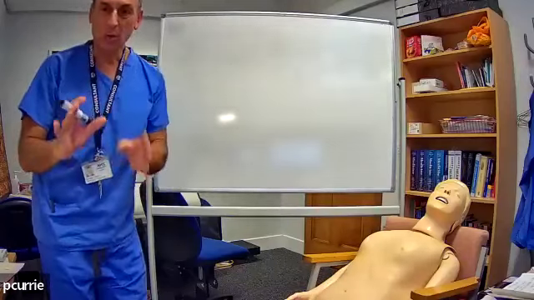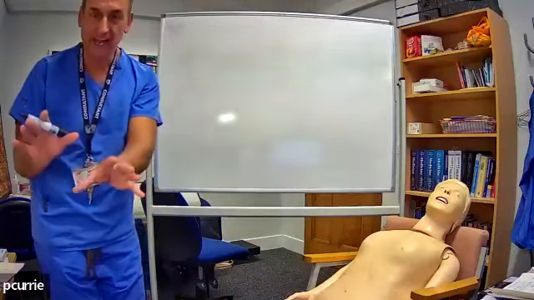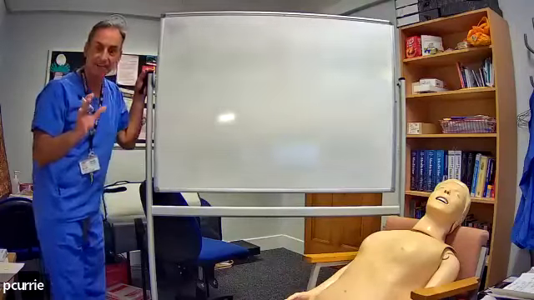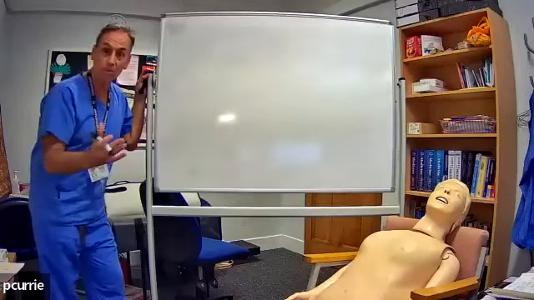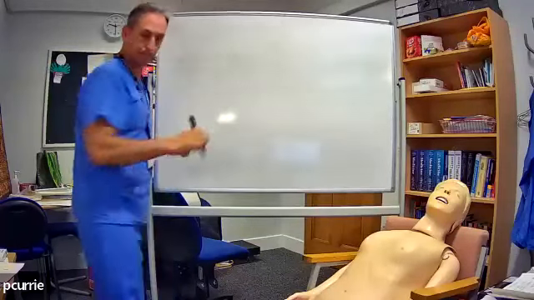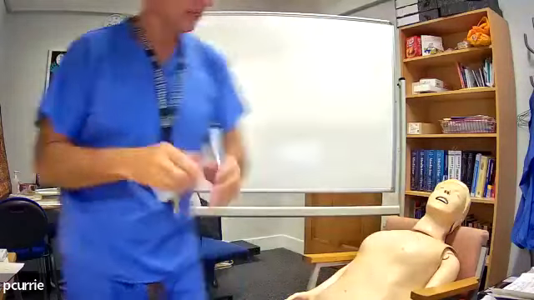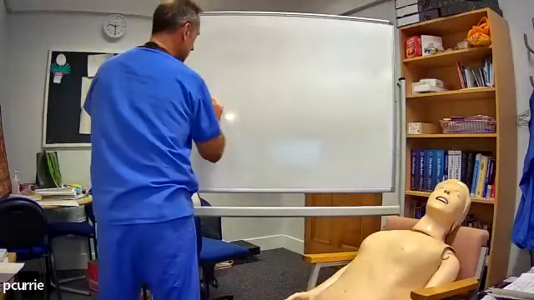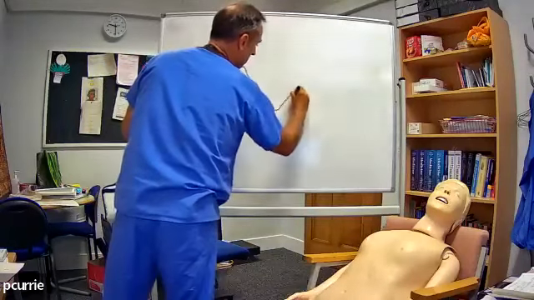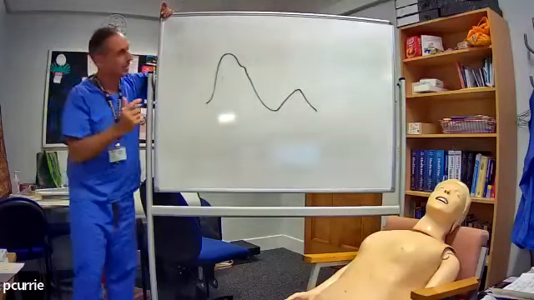Okay. So what we're looking for, I'm going to take the first bit of your answer there. You've said lots of very good things. So the first thing is to identify the waveform of the JVP, okay? And the waveform is biphasic. It has two phases to it, okay?